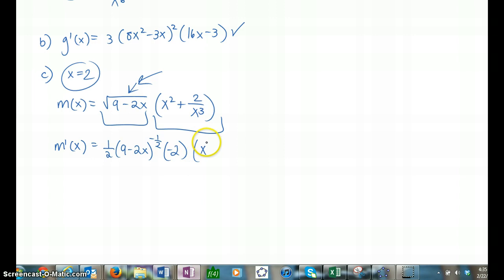And then I'll keep the original second half of the function. And then I'll add that to the original first one times the derivative of the second one, which would be 2x plus, and that thing here was 2 times x to the negative 3, so that becomes negative 6x to the negative 4.